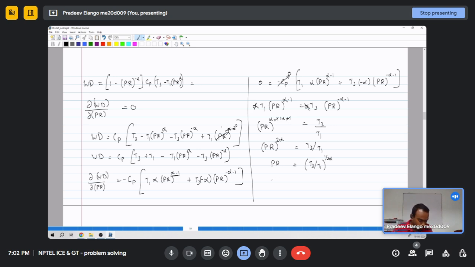Now we can calculate what is alpha. Alpha is gamma minus 1 by gamma, right? So what is alpha? 0.4 by 1.4.